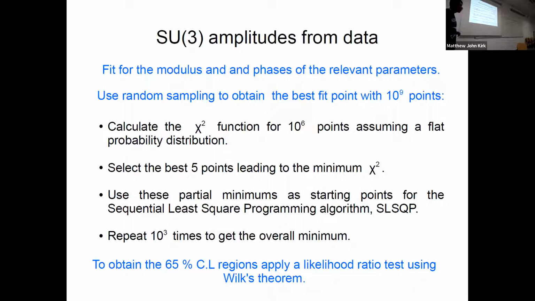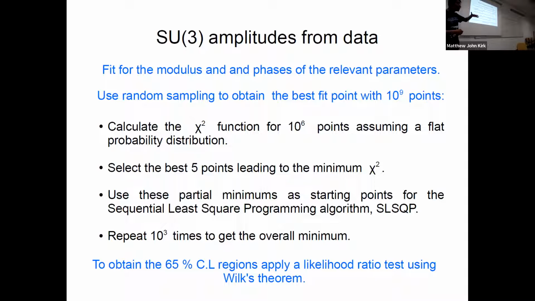You have 36, 35 parameters. So you just populate this 36-dimensional space with points, and then you do that 1 million times. Out of this 1 million, you check the value of the chi-square and take the 5 minimum values out of this brute force evaluation.